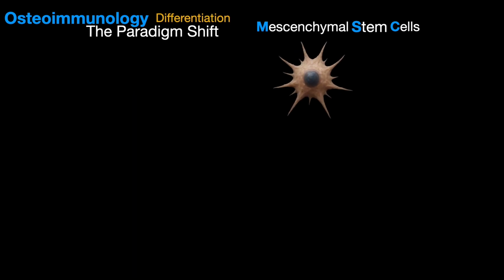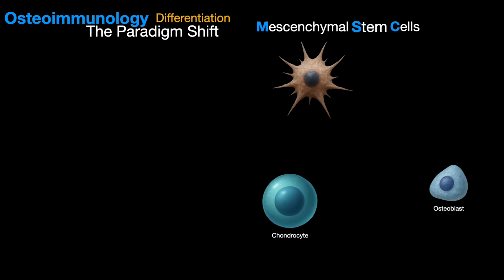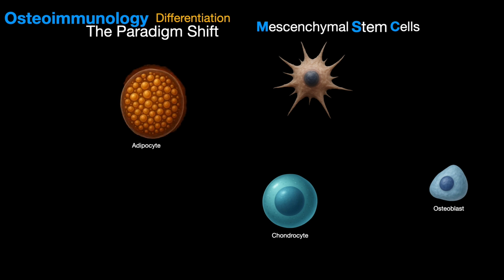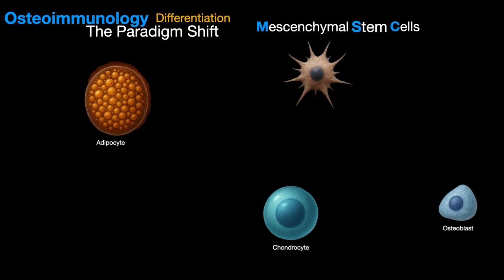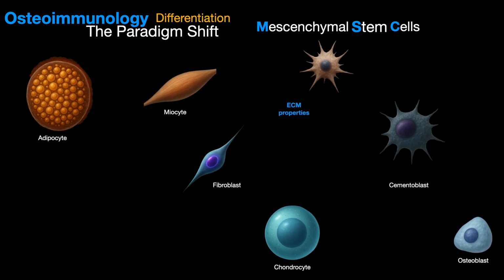So such a cell, a mesenchymal stem cell, can differentiate into an osteoblast, but it can also mature into a chondrocyte, or into an adipocyte, so the main 3 lineages. But it can actually change into many more cells, depending on the cocktail of mediators it's exposed to and the transcription factors.